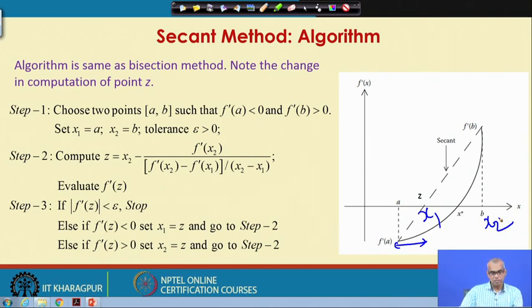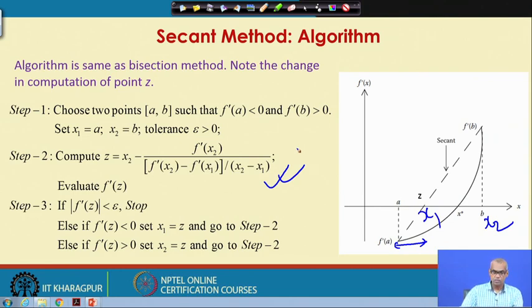If f prime z is greater than 0, we will eliminate the right hand part and set x 2 equal to z, and then we will go to step 2 where we compute z as x 2 minus f prime x 2 divided by f prime x 2 minus f prime x 1 divided by x 2 minus x 1.